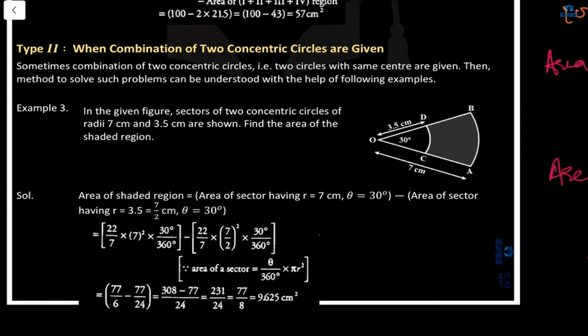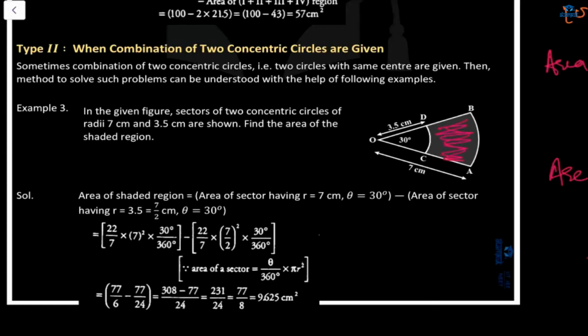Now here we have to find out the area of the shaded portion. In the given figure, sectors of 2 concentric circles of radius 7 centimeter and 3.5 centimeter are shown. We have to find the area of the shaded portion, that is this portion.